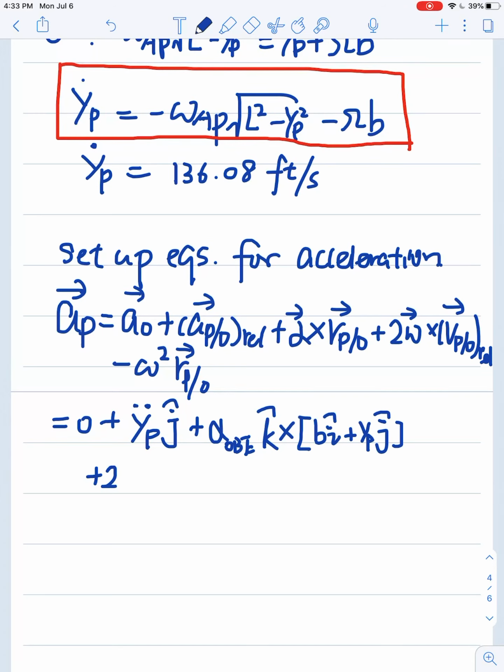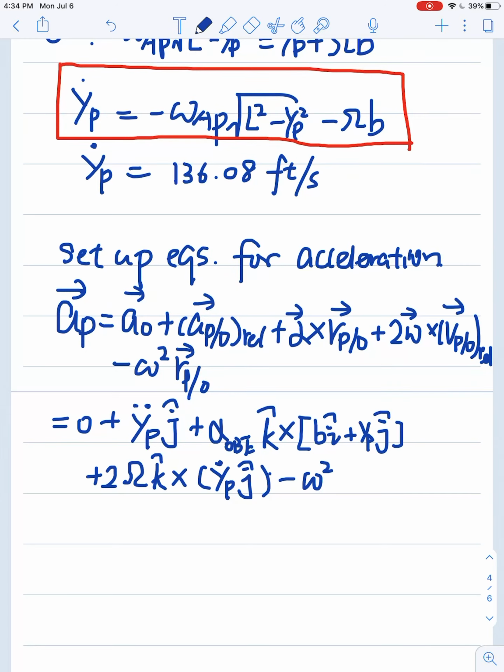And here we need to plus 2 times omega. This omega is the omega of the rigid body OBE, which is this L-shaped bar. And we know the omega is on K direction. This cross product, cross with the velocity P slash O relative. We know that is YP dot on j direction. So here we have YP dot on j direction.